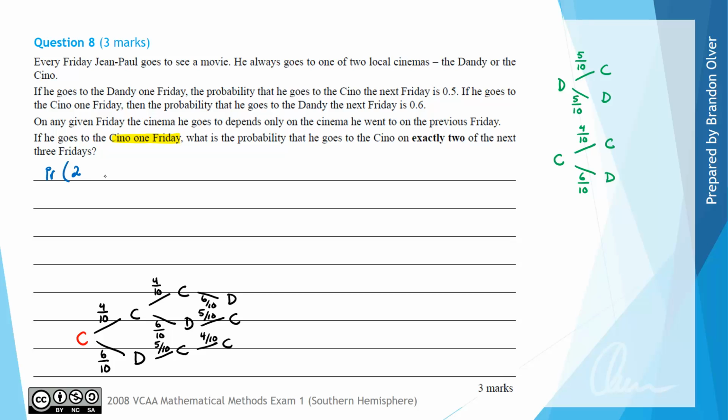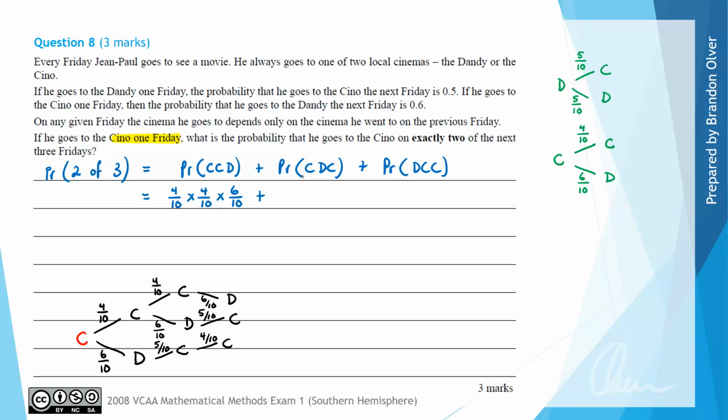So the probability that he goes 2 of the next 3 is equal to the probability that he goes C, C, D, plus the probability that he goes C, D, C, plus the probability that he goes D, C, C. So from the tree diagram, we can work out what those probabilities will be, which is 4/10 times 4/10 times 6/10.